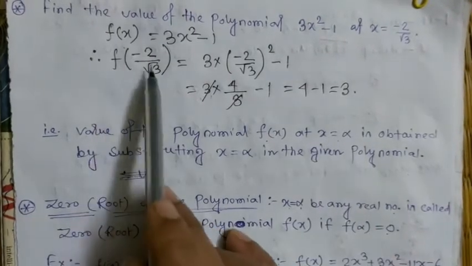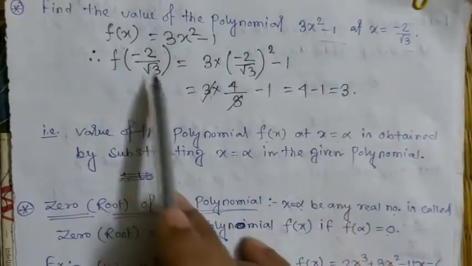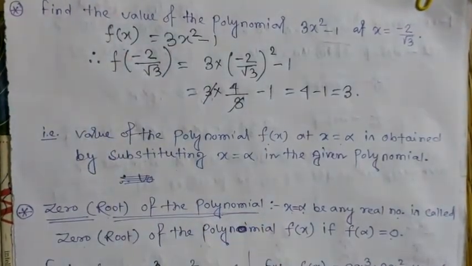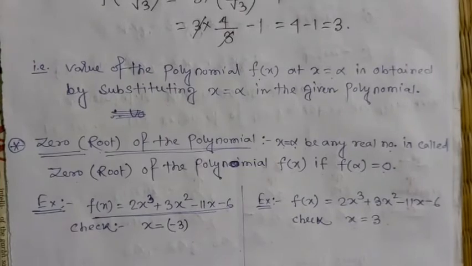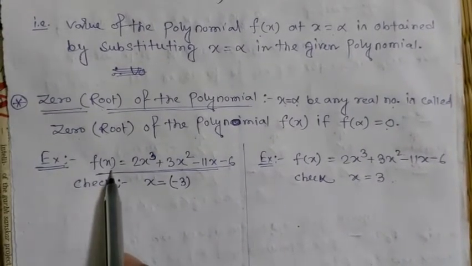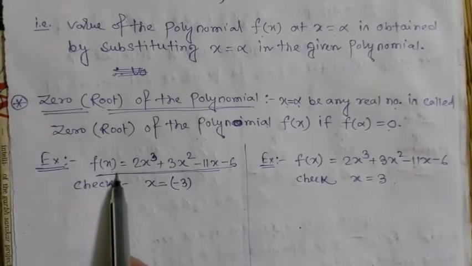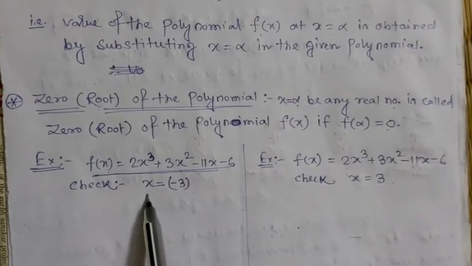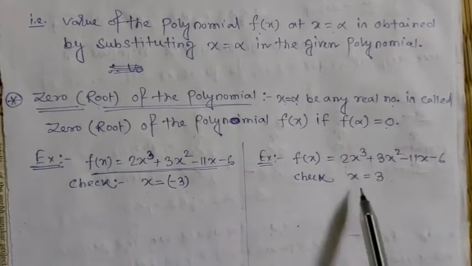If f of a number is equal to 0, then this number is called the root of this polynomial. Now we have to check here. I will take two examples of f(x), the same polynomial, but the points are different. Here x equal to −3 and x equal to 3.